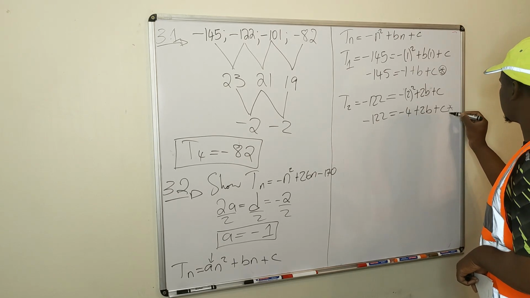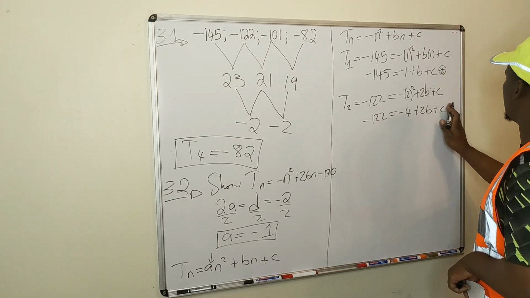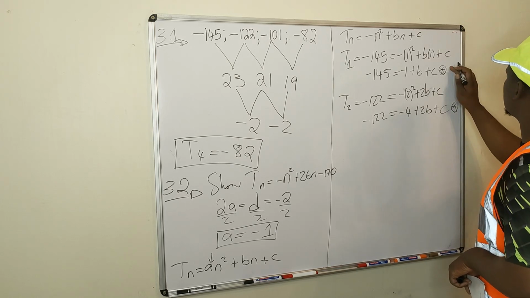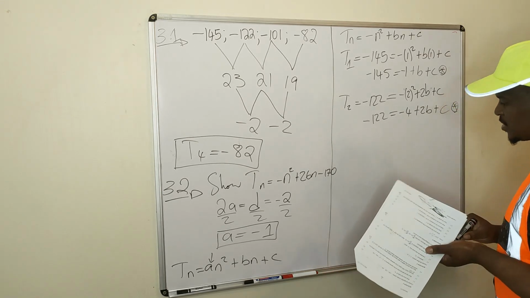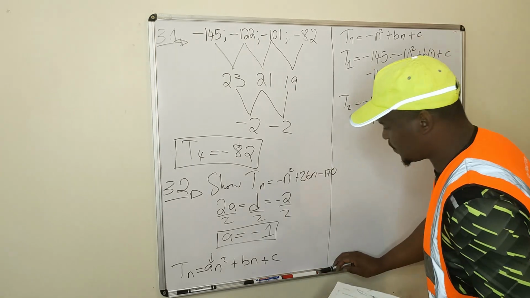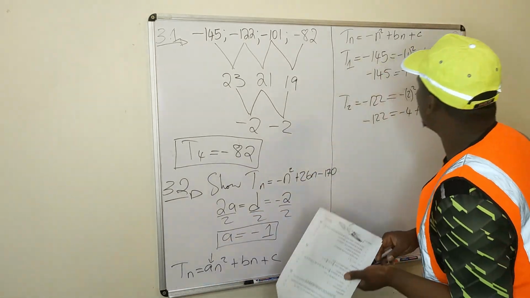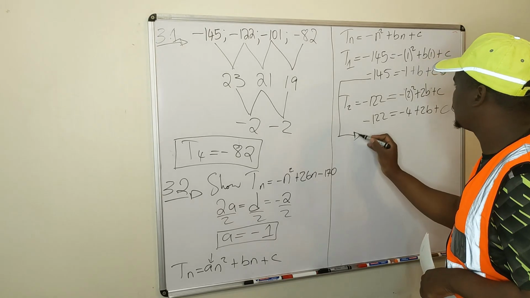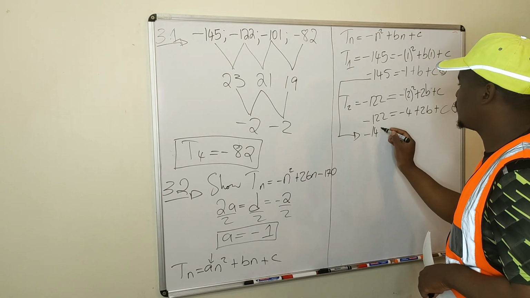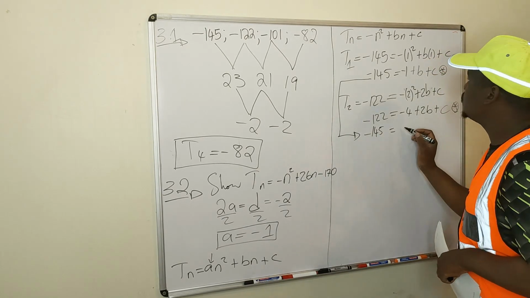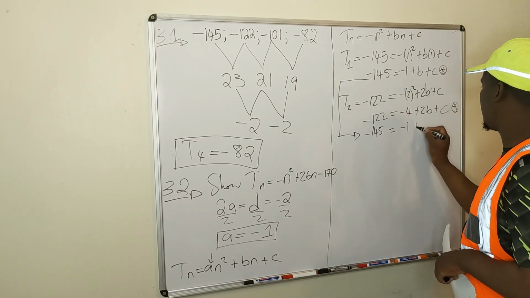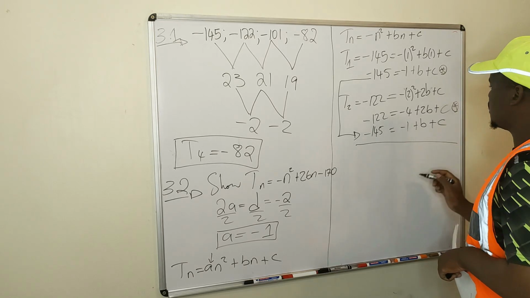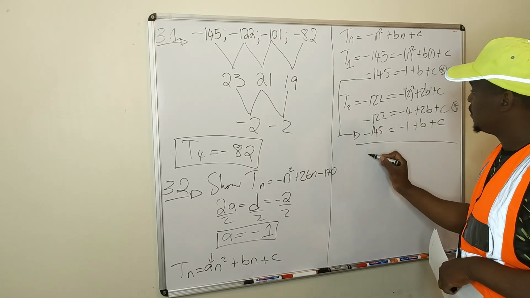So this is another complete equation. You have this equation and this equation. The next thing you do, you solve these two equations simultaneously. Take this equation here and write it here. So you have minus 145 is equal to negative 1 plus b plus c. Then you find the difference between the two. This minus this is 23.